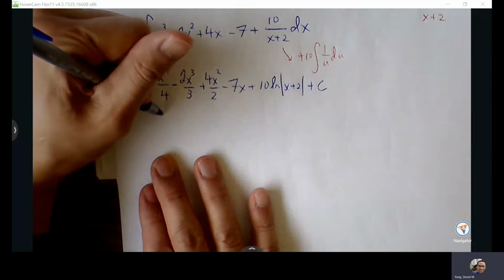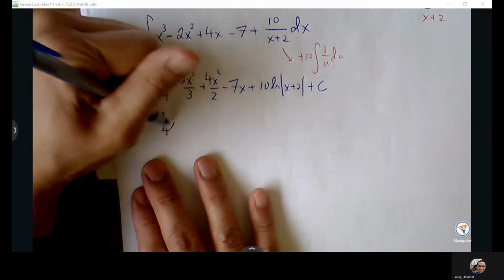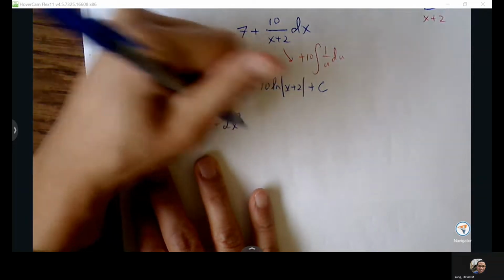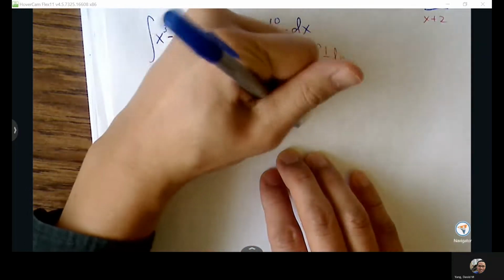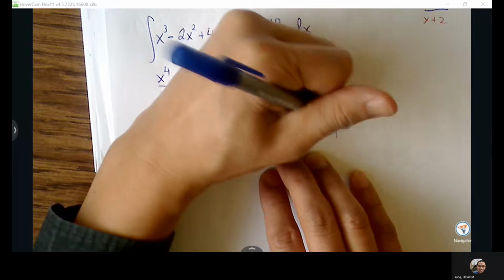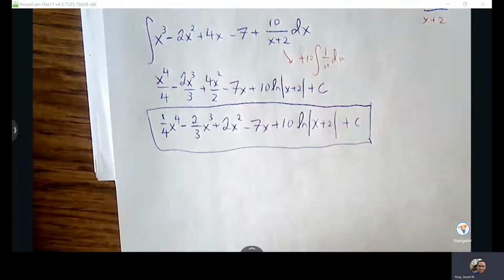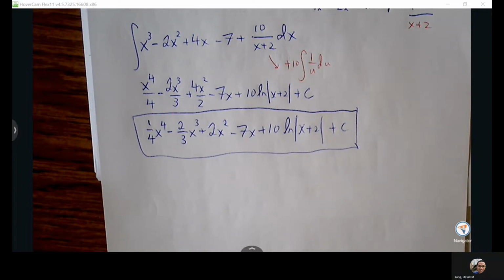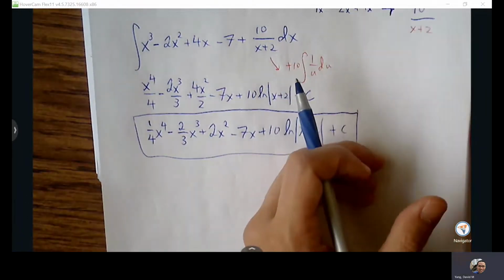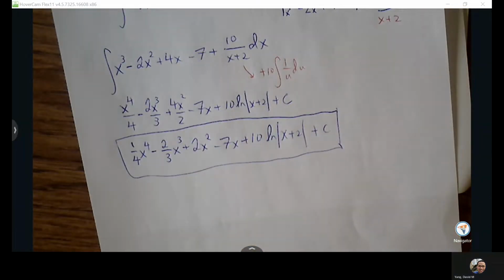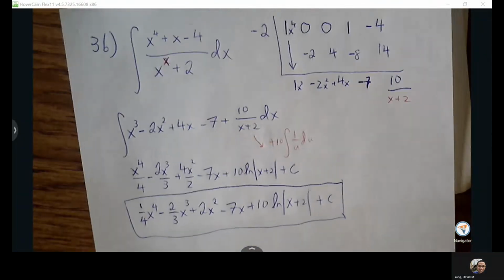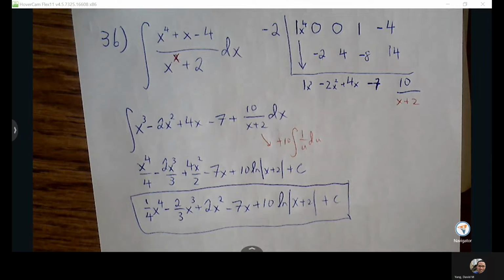Leave it like this, or you can maybe do a little bit of cleanup if you like. Okay, number 4.